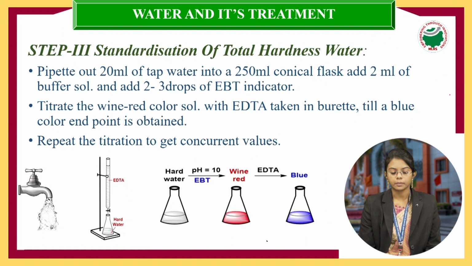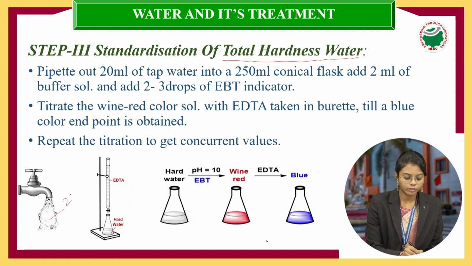Coming to the third step, here we are going to find out the total hardness. Total hardness means what? It has both temporary hardness and permanent hardness. So how are we going to calculate the total hardness? First we need to take tap water.